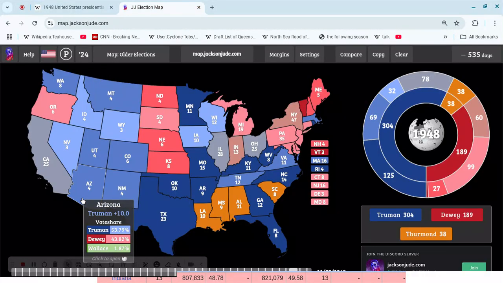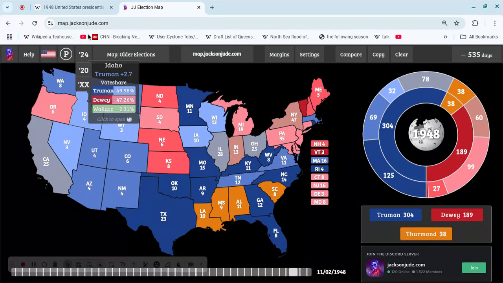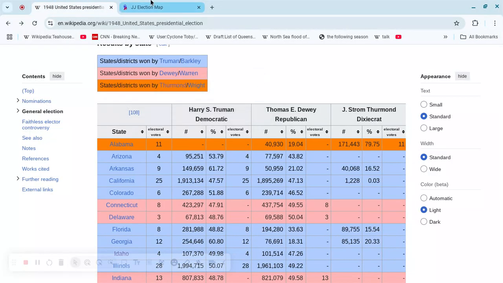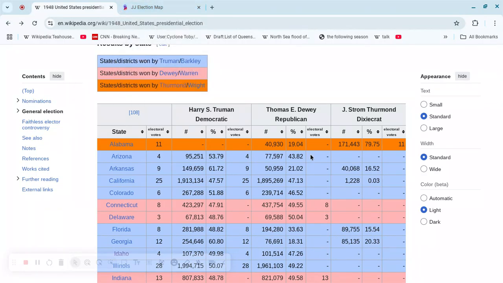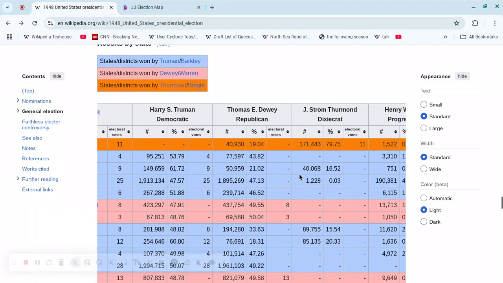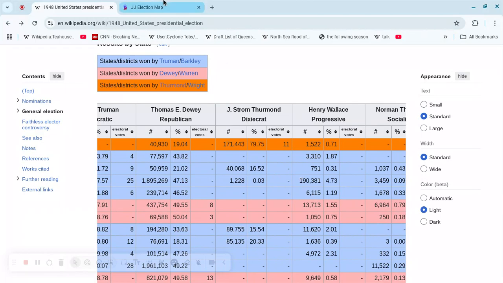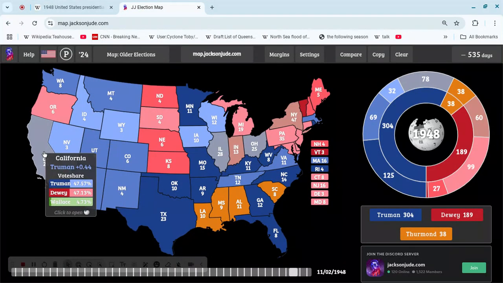Arizona is a state that Truman won by 10%. Guess what? Now Truman wins by 11.8%. We'll round down in these cases. Arkansas, solid South, don't really need to worry about it. California, critical swing state where Henry Wallace actually got about 5% of the vote.